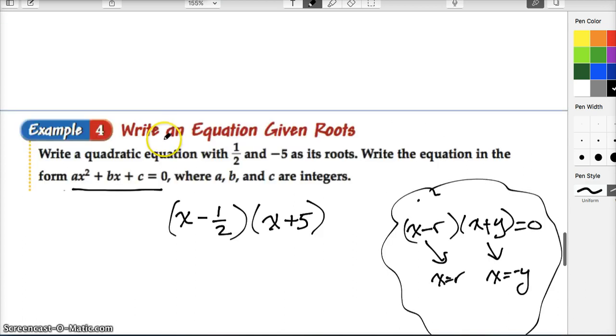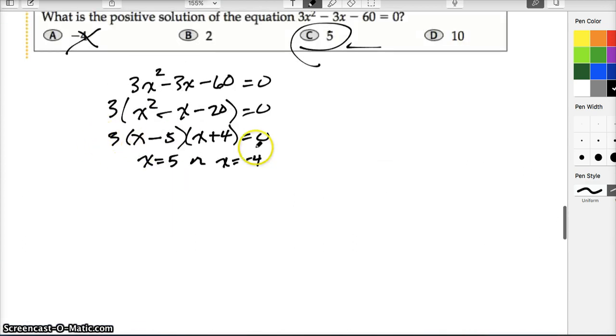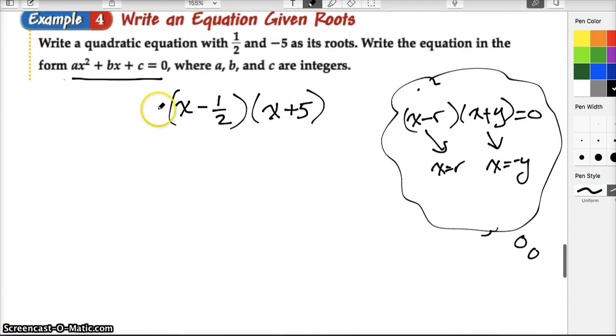You remember this last problem, how the 3 did not affect anything? I'm going to put a constant here. I'm going to multiply this whole thing by a constant so that I don't have fractions moving around. So I'm going to multiply this by 2. So when I do that, I get 2x minus 1 times x plus 5.